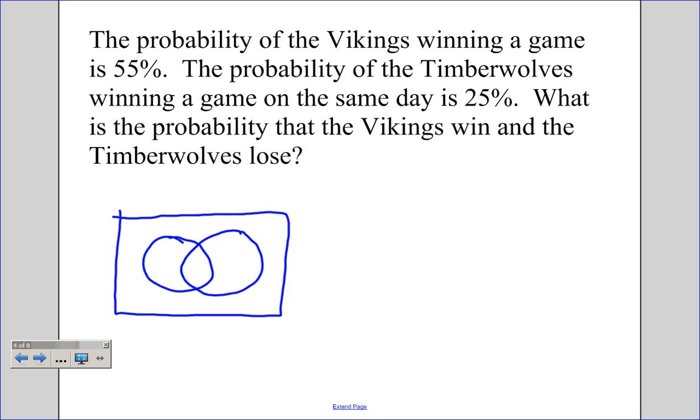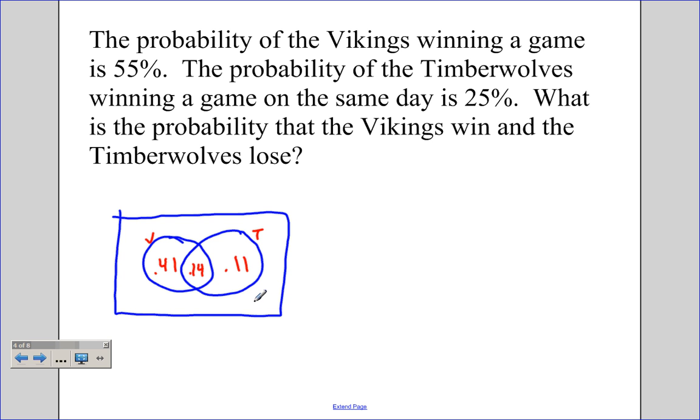So if I do this, I would do 0.55 times 0.25, which is about 0.14 for the middle. So if I take, say this is Vikings, this is Timberwolves, 0.55 minus 0.14 is 0.41. 0.25 minus 0.14 is 0.11.